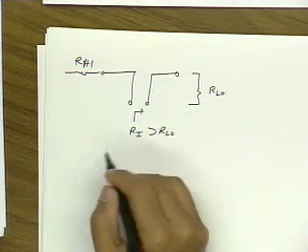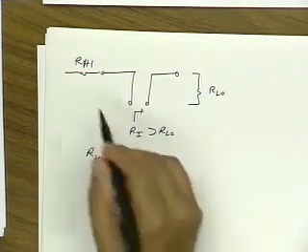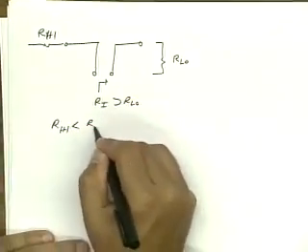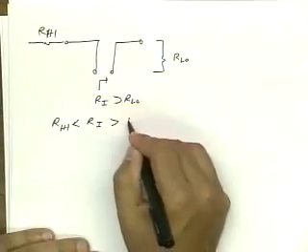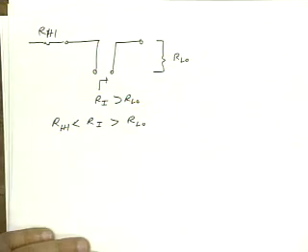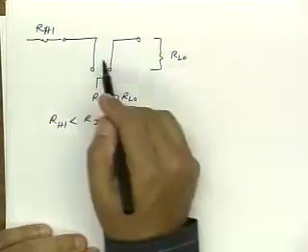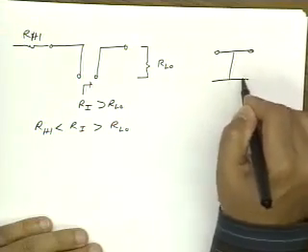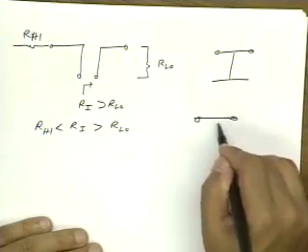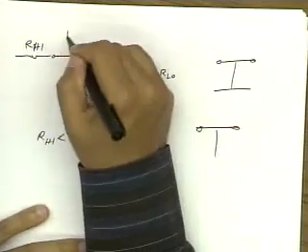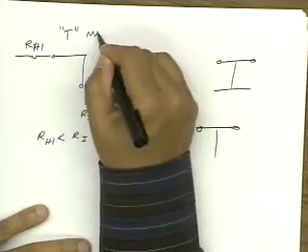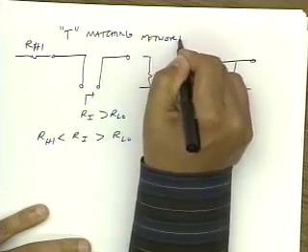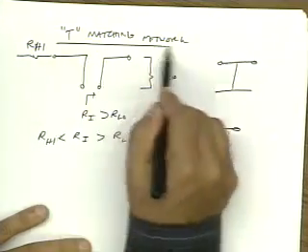So in this case, R high is less than Ri, but Ri is bigger than R low. And of course, if I combine these two elements in series, well, I didn't draw it nicely. It looks like a T. So this is a T matching network. Okay?